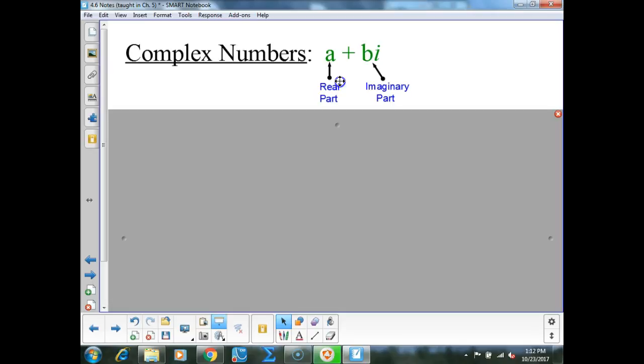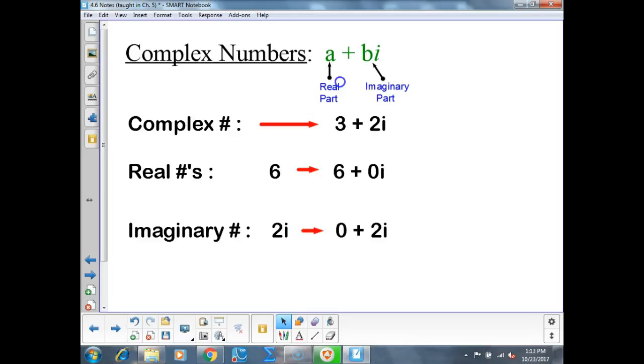A real number has a real part and no imaginary part. An imaginary number has no real part and an imaginary part. A complex number has both a real and an imaginary part. Okay? So here are 3 examples of the 3 different types of numbers.